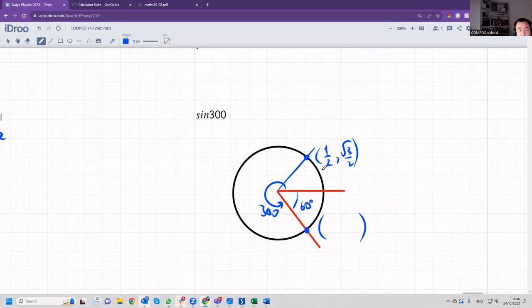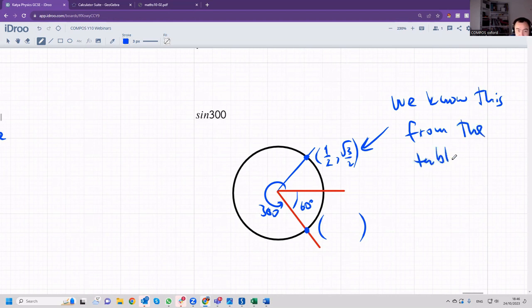Because they have the same x coordinate, it's not going to be negative.